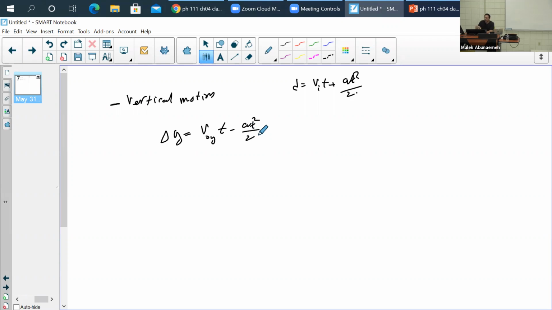Now, the acceleration when you're going in the vertical motion is going to equal negative gravity. You're going down there, so it's just going to be opposite of the gravity.